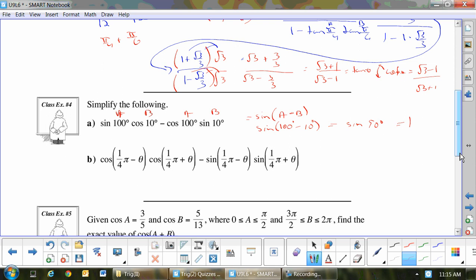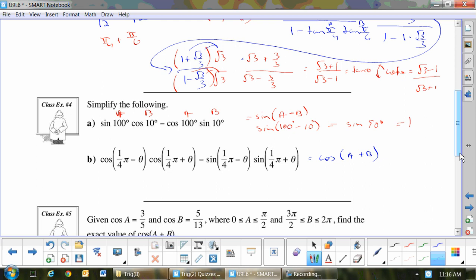So I'm going to use cos A plus B. Do you agree with that? Because if you look in your thing, there's only one that goes cos minus sine. Okay? And that's cos A plus B.